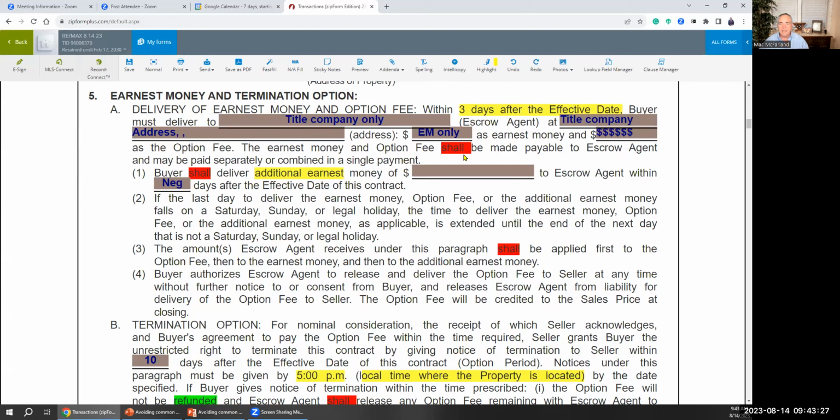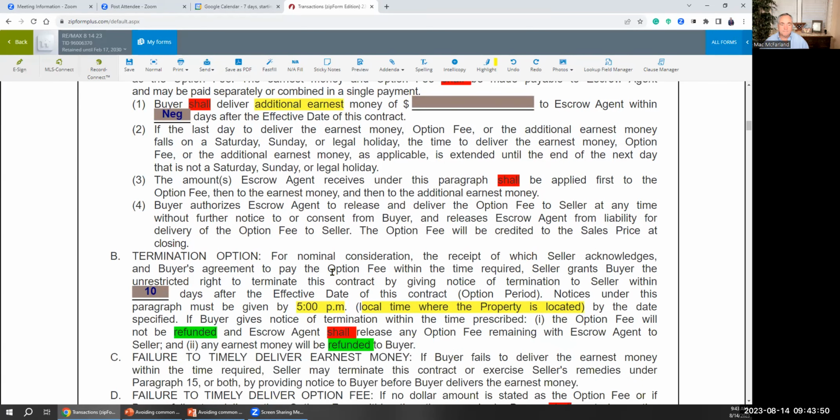So if I was doing a backup, I might have 0 earnest money and a low option, but a high additional earnest money here to go into effect on whatever days we negotiate with the backup. And that works really well because it lets the seller know that if we move in the first place, we're serious. Or if you convey it that way, it lets the listing agent know that we can do it that way.